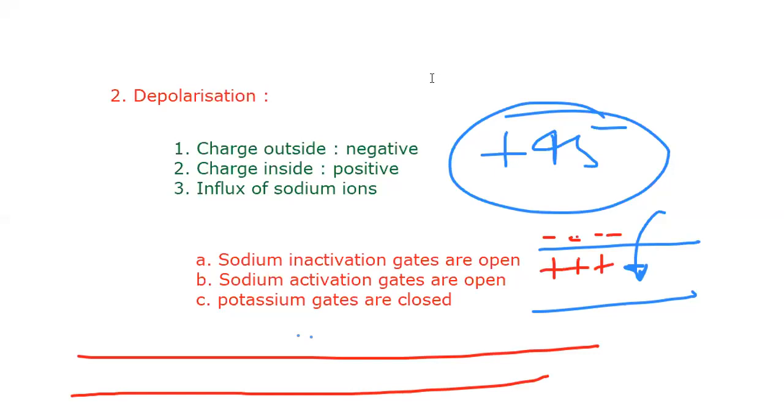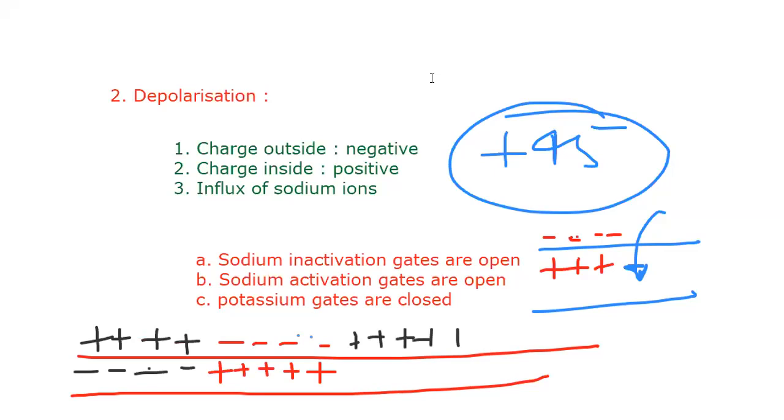The normal condition is outside positive and inside negative. When we want to show the depolarization area, we'll show it like this: negative outside and positive inside.